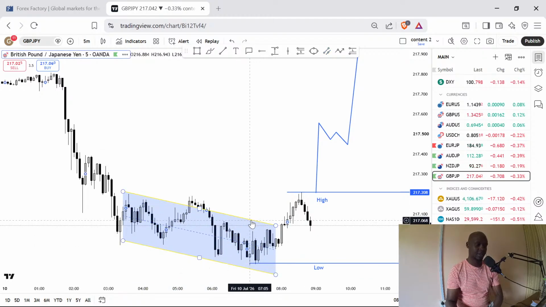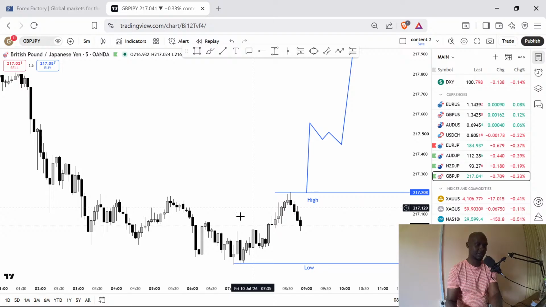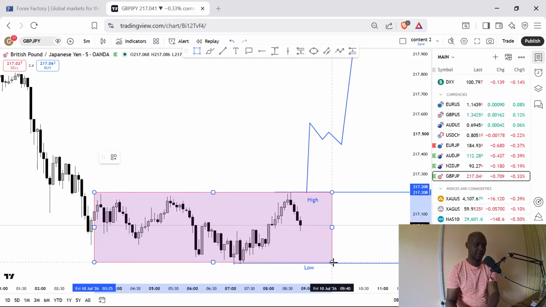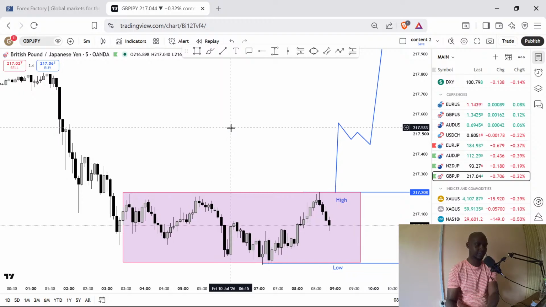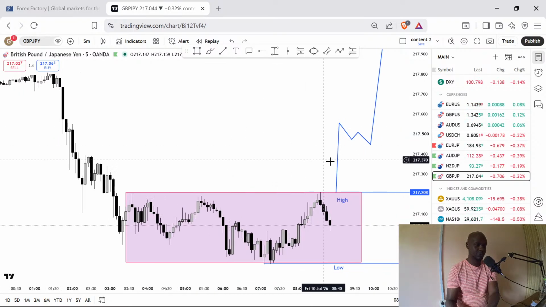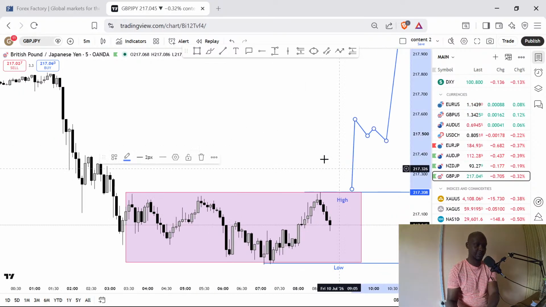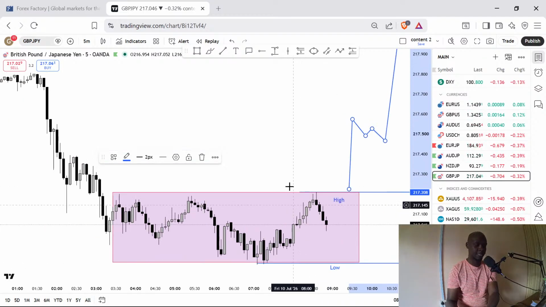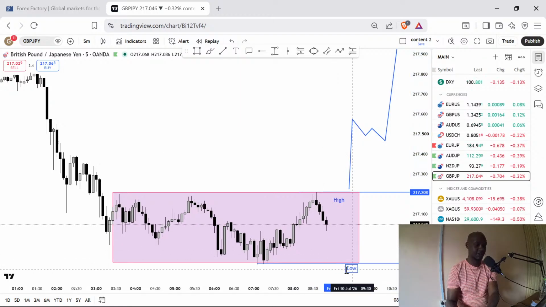If we continue with the price action that I'm seeing, because we pushed, touched these highs and retraced, if we continue playing around this area, right now it looks more like a range. So we'll have to wait and see how price is going to break outside of the range, either to the upside or to the downside. But the downside still has quite a distance to cover before it can break the low.